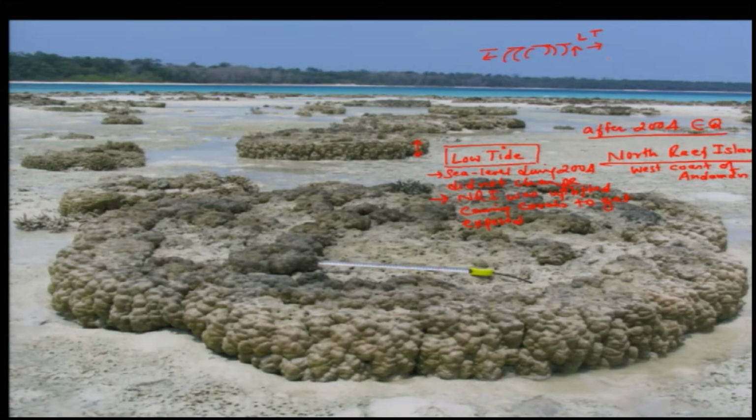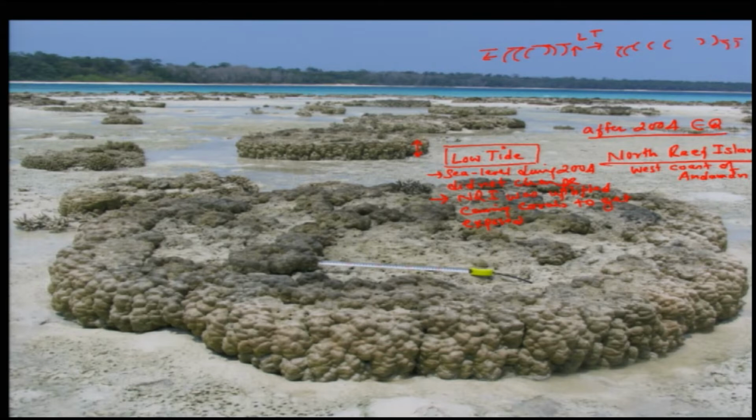but when they are exposed, suppose we expose this coral, I am putting a section here. Now, the water level has come down here, okay. Then what will happen is that it will keep growing like this here.